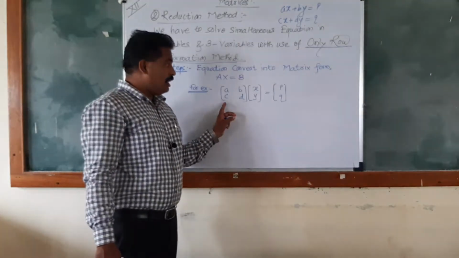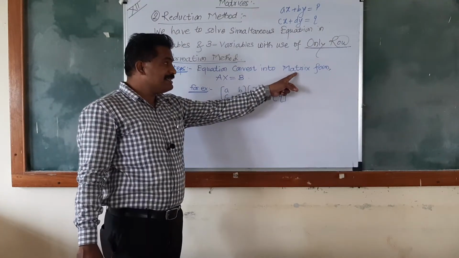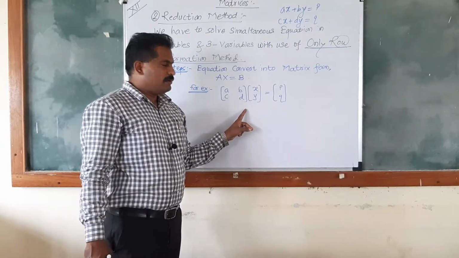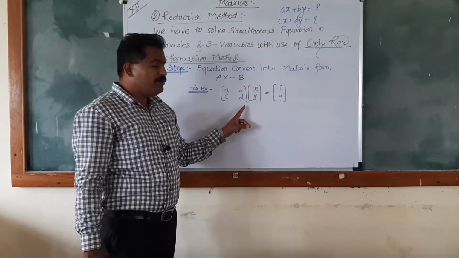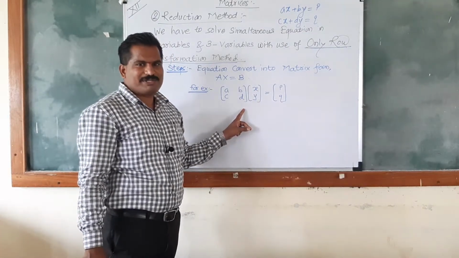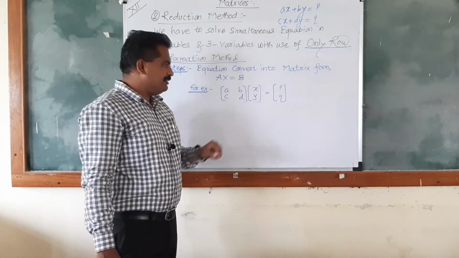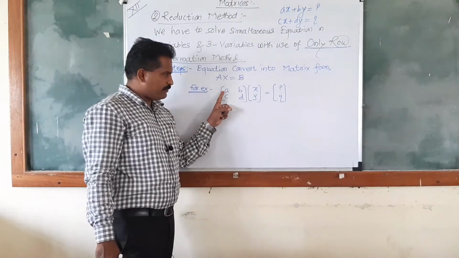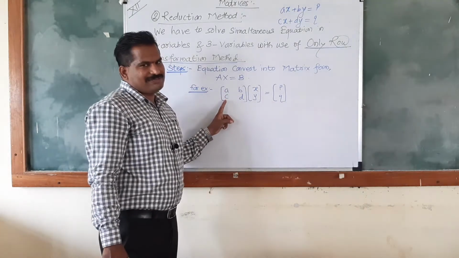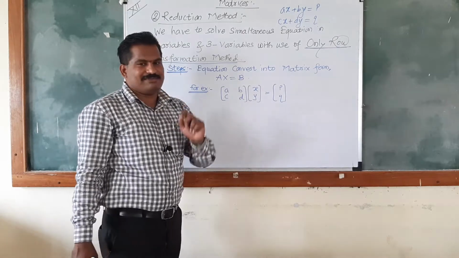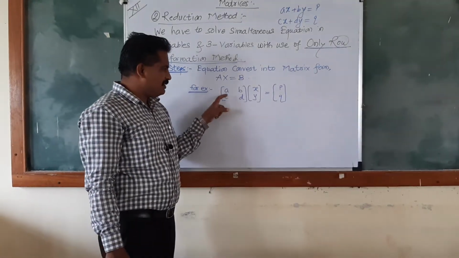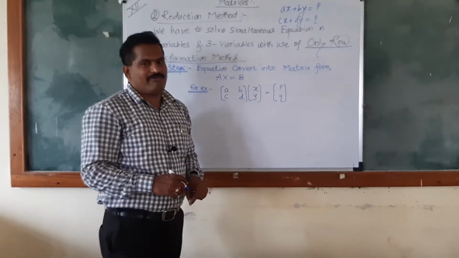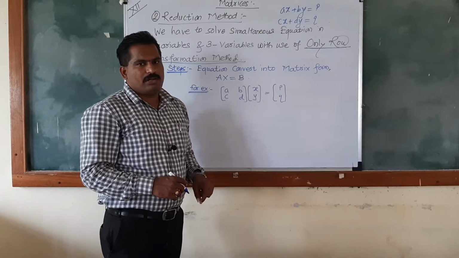Now, after converting these equations into matrix form, we have to use the transformation method. But this matrix form contains only two rows and one column.